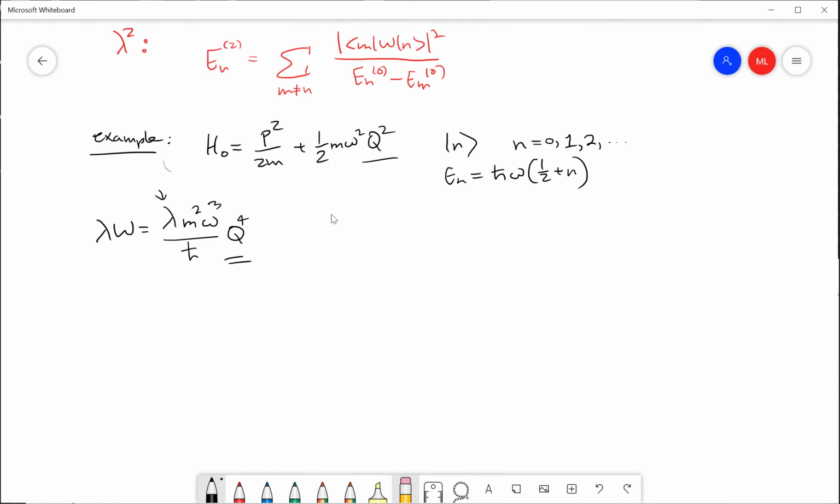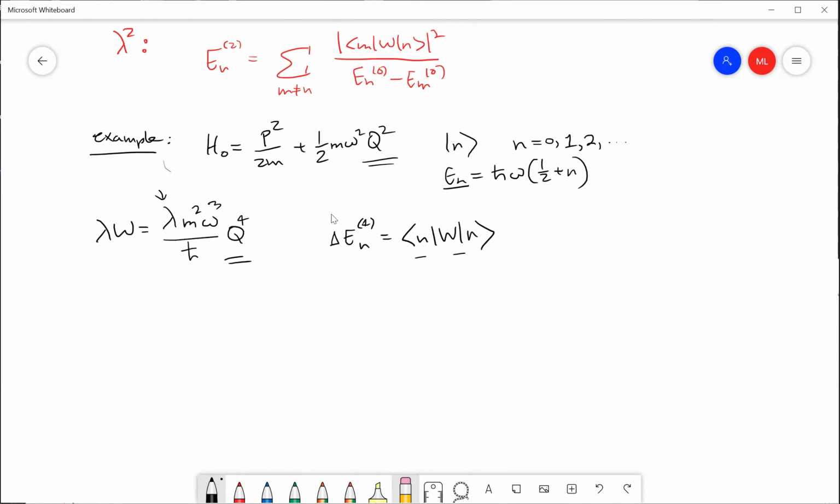And you can see that when you actually try to compute the corrections to the energies. So if these are your original energies, then the first order correction in lambda is just going to be the matrix element of the W with respect to the unperturbed eigenstates. And you can use the creation and annihilation operators to write out what Q is.